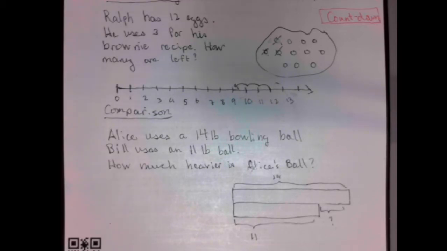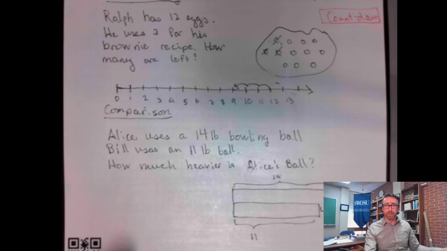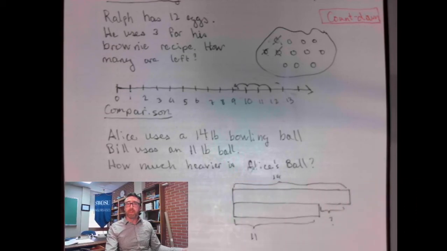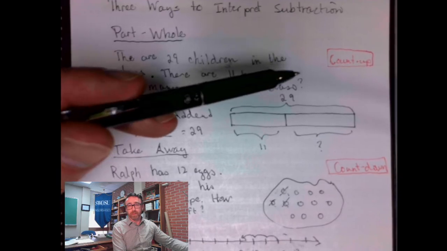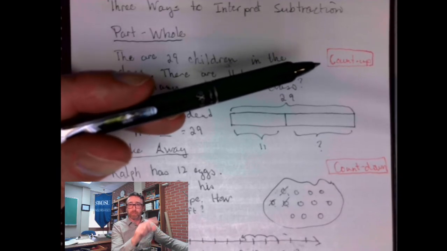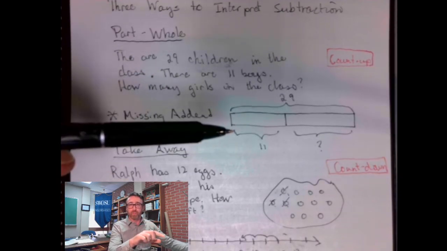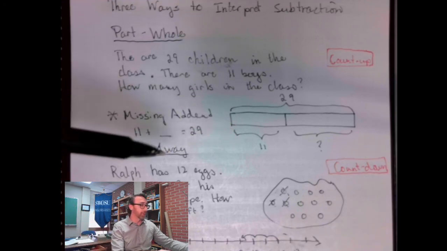So just a couple of different interpretations for subtraction. You have the part-whole model, once again conducive to the count-up strategy. We have 11 boys in the class, and then we count up.